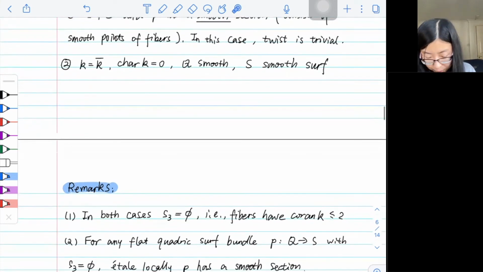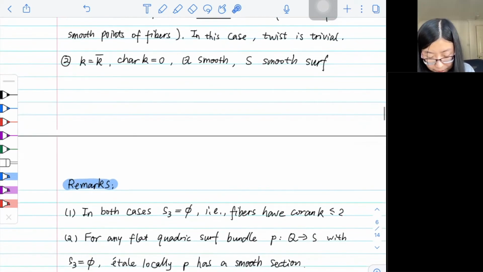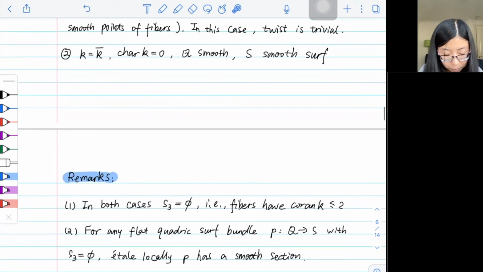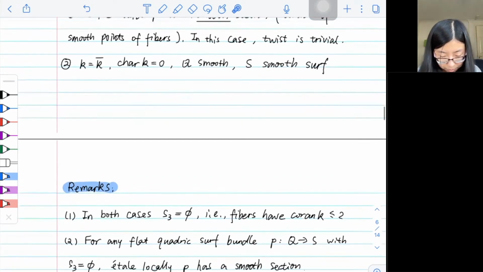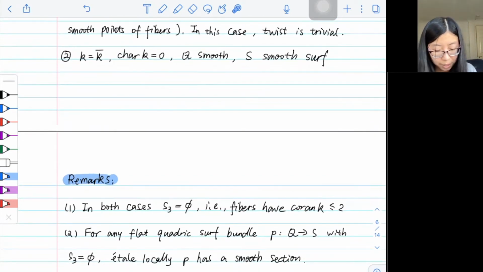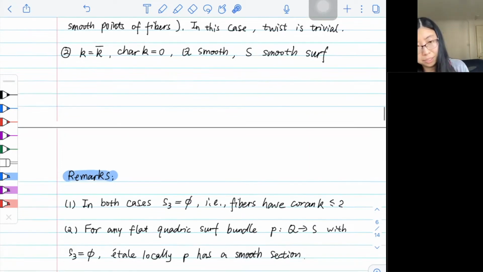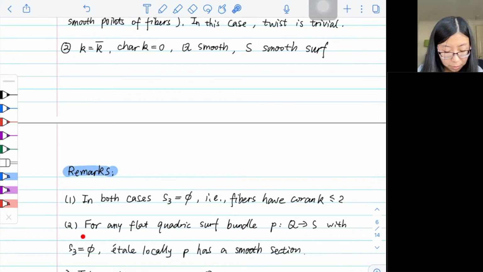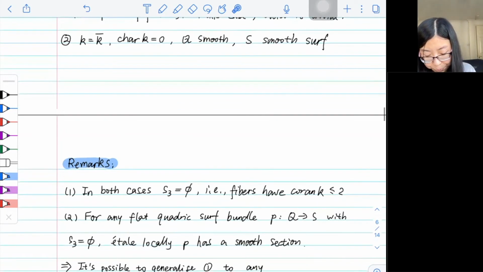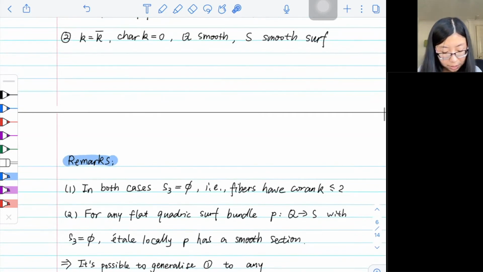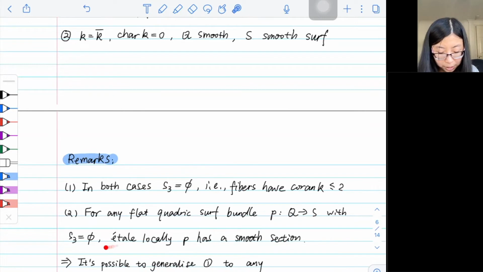And then the other thing is that the second part explains why I'm asking for the condition that S3 is empty. If you have any flat quadric surface bundle such that S3 is empty, then locally you can always find a smooth section.